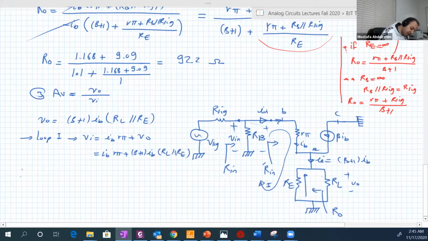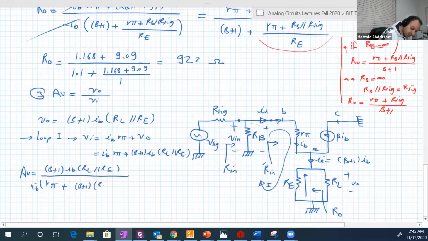So AV equal to VO, which is beta plus 1 IB RL parallel RE, over IB R pi plus beta plus 1 IB RL parallel RE.